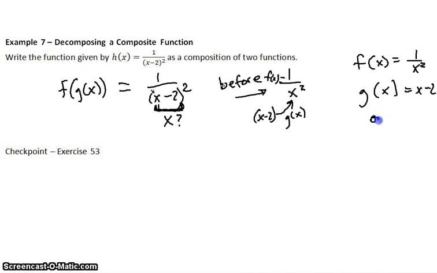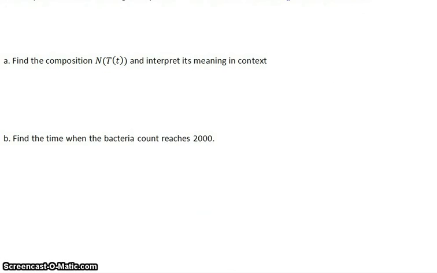Another one could have been 1 over x and x minus 2 squared. Those are two possible answers. But you have to ask yourself, what did we plug in? What could have been this outside structure of this function before we started messing around with it and started putting things in for x? And for the last part of the video, I'm going to talk about the application problem.